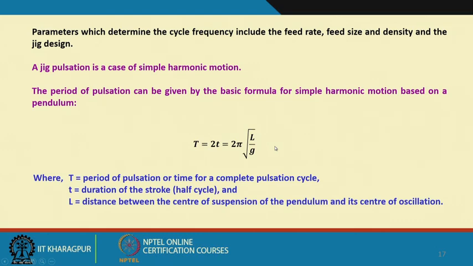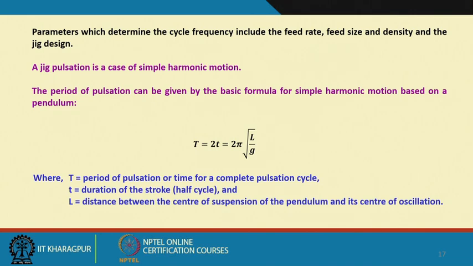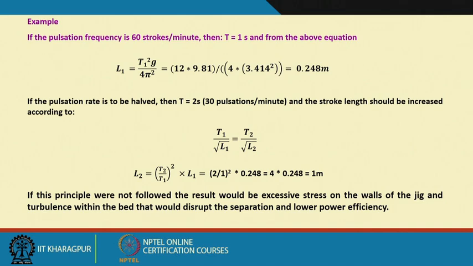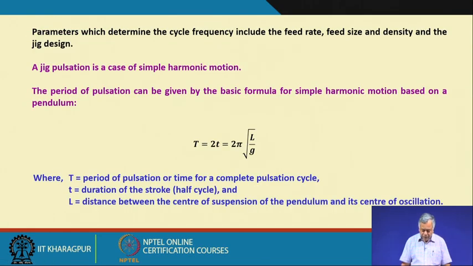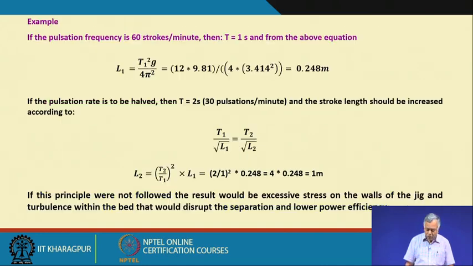I will try to show you how we can apply this basic formula which we learned in our school days for simple harmonic motion. If the pulsation frequency is 60 strokes per minute, then T is equal to 1 second, because it is 60 divided by 60. T is the period of pulsation, so T = 1 second.